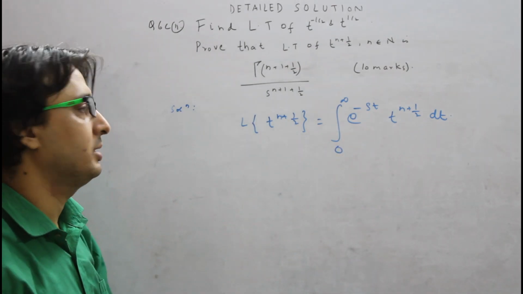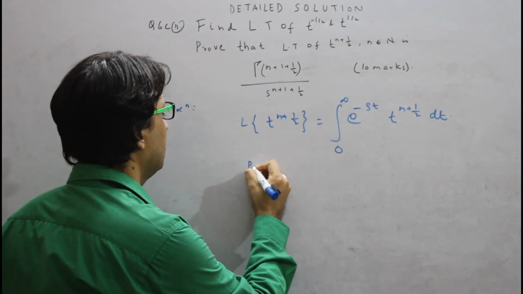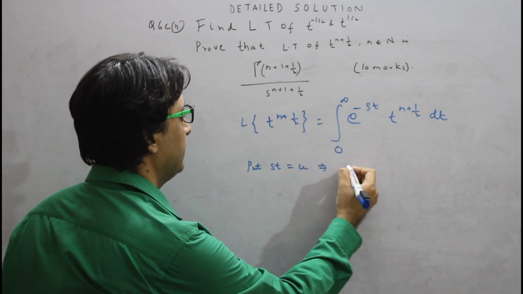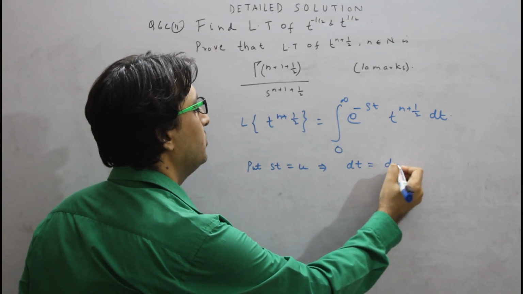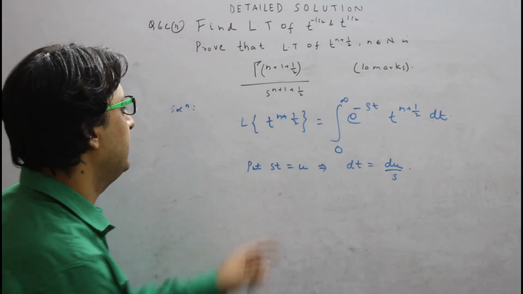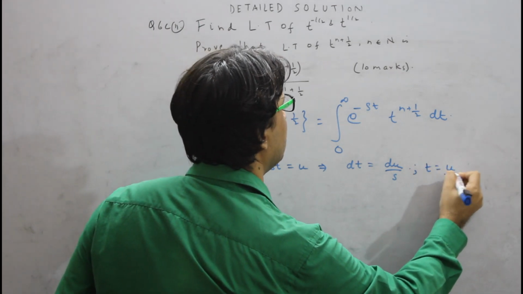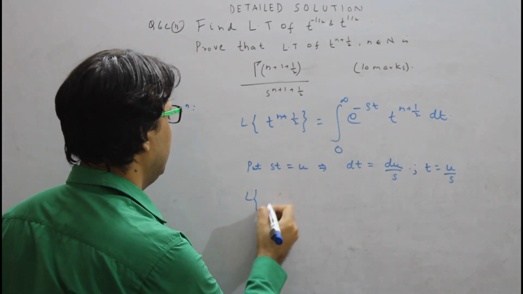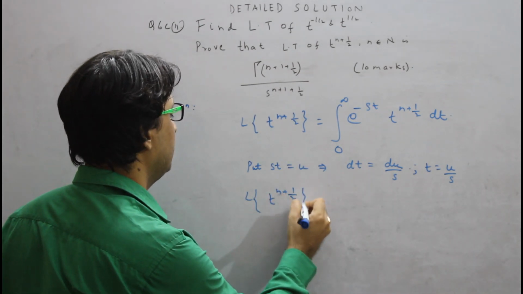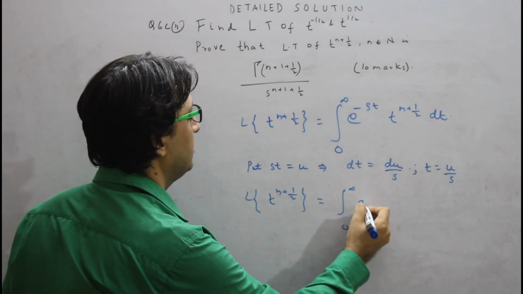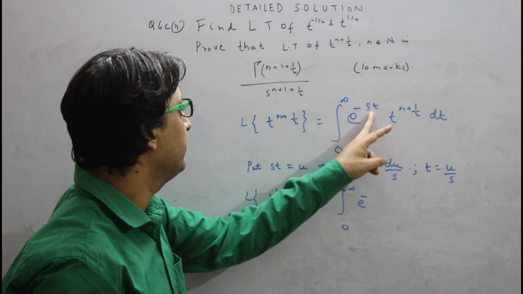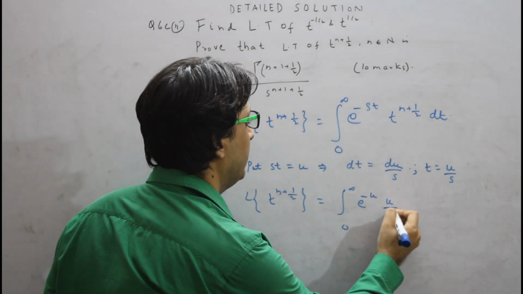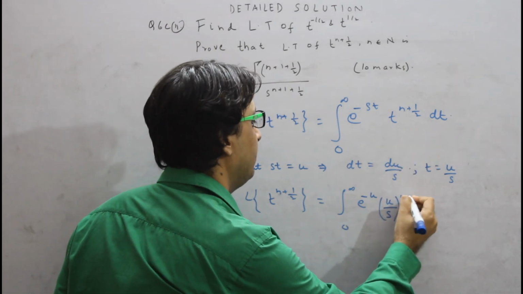We can do it by integration by parts, but for quick results we can put st equal to u. So dt is equal to du by s, and our t will be u by s. So the Laplace transform of t to the power n plus half is the integral from 0 to infinity of e to the power minus u, in place of st we write u, and in place of t we write u by s, to the power n plus half.